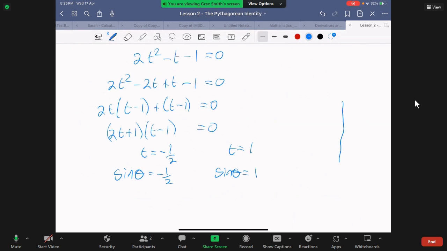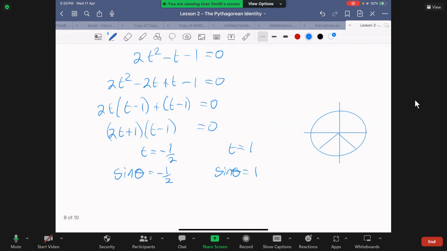A little quick draw of a unit circle, so I don't catch any more errors. So sine theta equal to a half is giving me a solution here and a solution here. This one is similar to the solution in the unit circle that we see here when it's equal to a half.